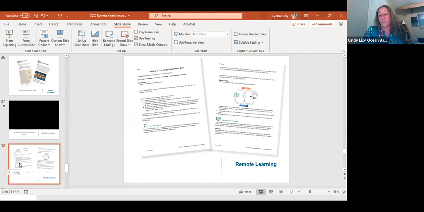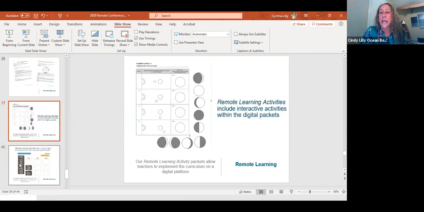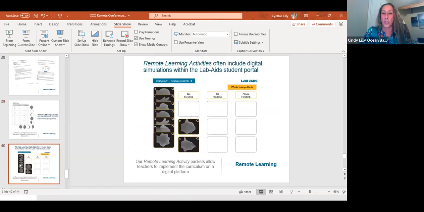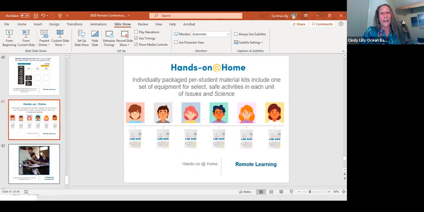I'm really excited about all their remote learning packets and their simulations that they've now embedded into the curriculum. Today you were able to experience the simulation for modeling the introduction of a new species. They're also putting together hands-on home packets that we can mail to our kids, or the kids can come and pick them up.